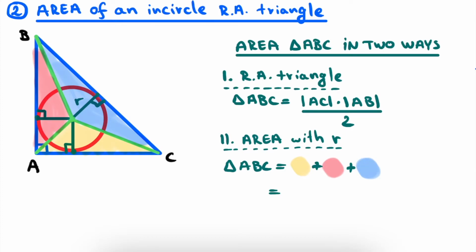Now, what is of course left to do is to calculate the surface of each of these 3 triangles. And then you might think that instead of one problem, we have 3 problems now, which in a sense is true. However, we see that since each of these dark green lines are the radius of our inner circle, this distance is exactly the height of each of these 3 triangles.